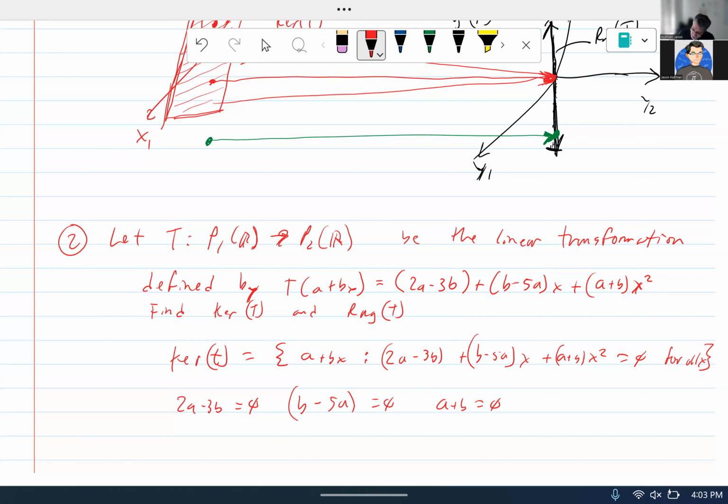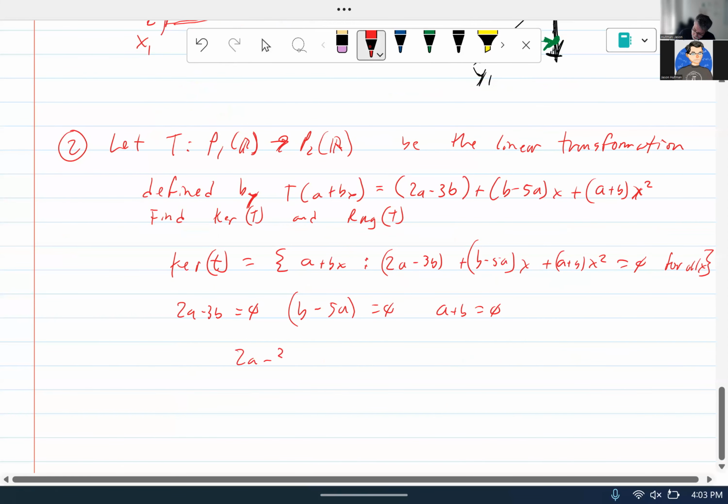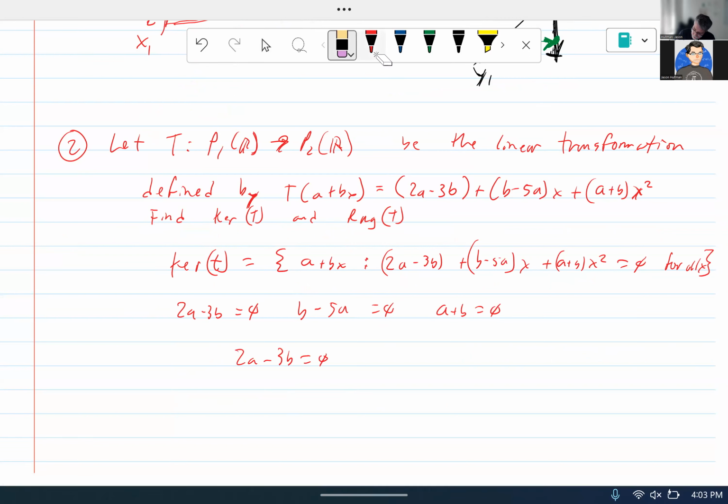Okay, so I know that 2A minus 3B is equal to 0, and B minus 5A is equal to 0. Okay, so let's solve this. And we also know that A plus B must be 0.